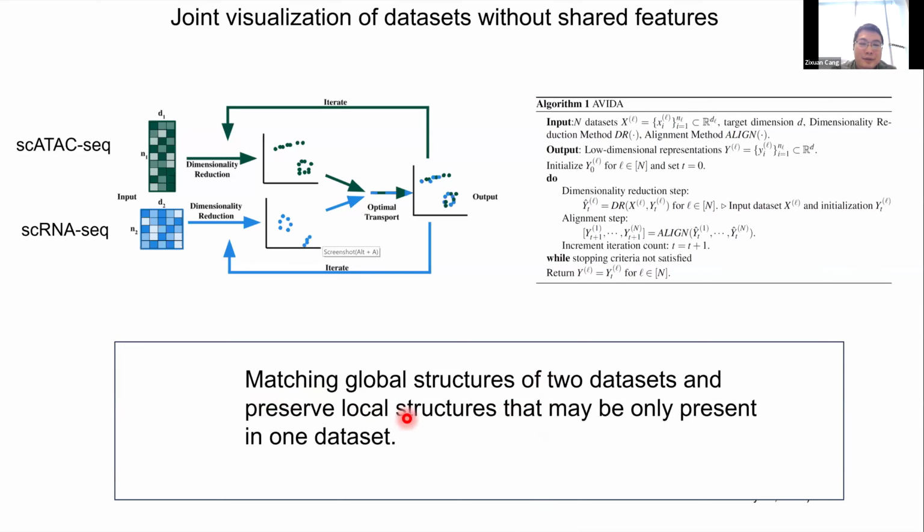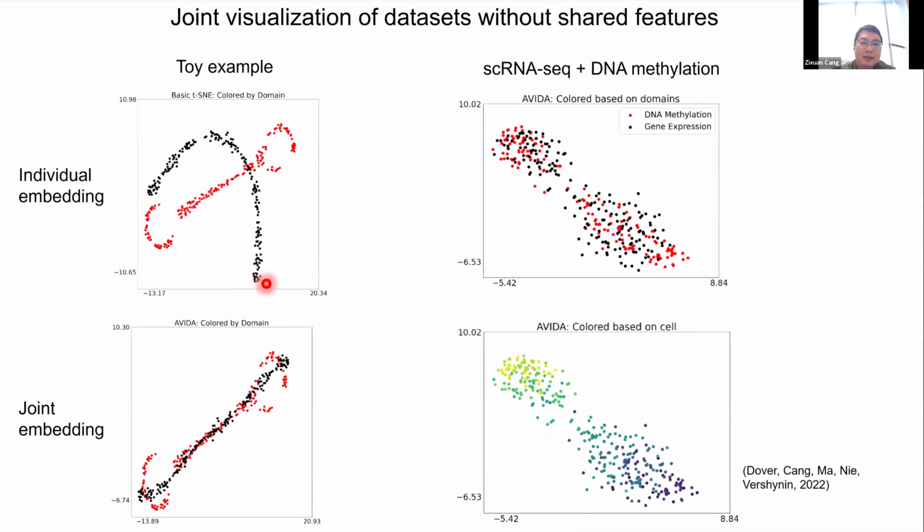So intuitively, what we're doing in this scenario is we can match the global structures of two data sets, while preserving the local structures that may be captured in only one data set. We'll show this in this simplistic example. If you consider this black and red data set, globally, they're both like a long string structure.